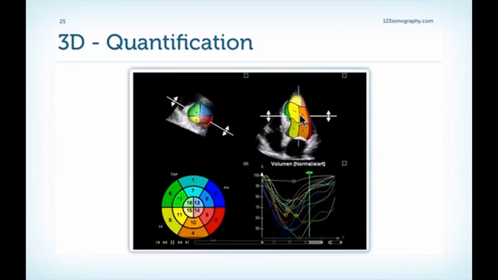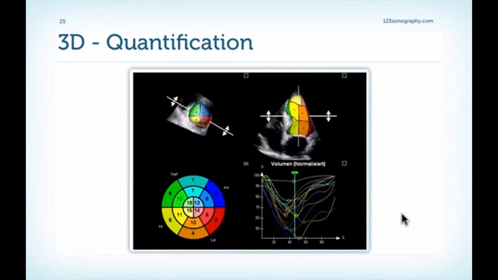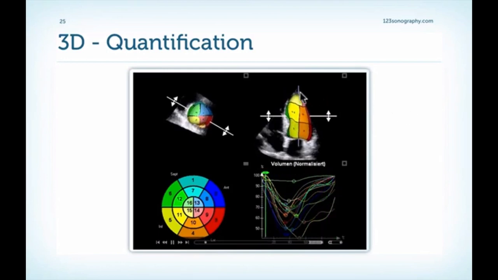You can see different colors for different segments, and these also correspond to these volume curves. So this is a very nice way of looking at global left ventricular function in the setting of regional wall motion abnormalities, because now you're really considering all segments. In this specific example, you can see that wall motion is reduced in the region of the aneurysm.